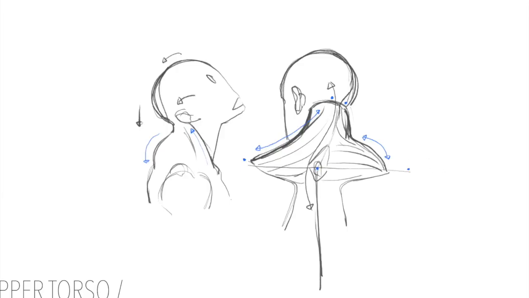So please remember that. One of the common mistakes that I see in beginners' work is they distort the muscles when characters move, and usually it doesn't look great because it's not very realistic.